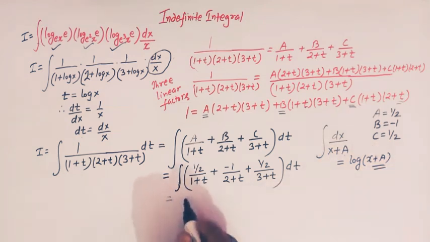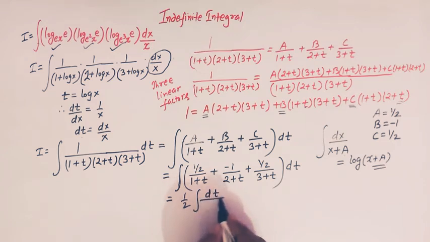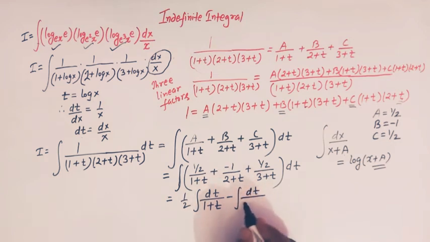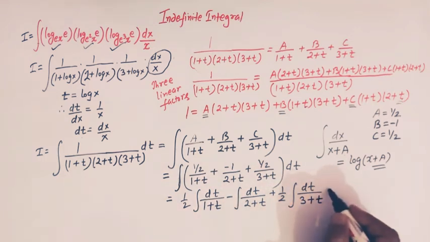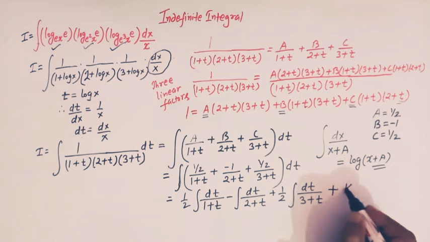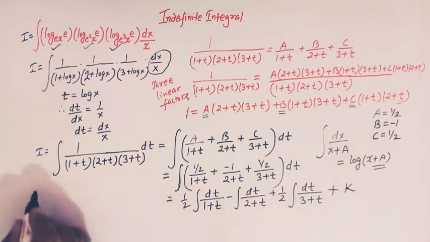So here we have half, and integral of 1 over 1 plus t, then we have minus dt over 2 plus t, and then we have half, and integral of dt over 3 plus t, right? And here we can write k as some constant of integration, right?